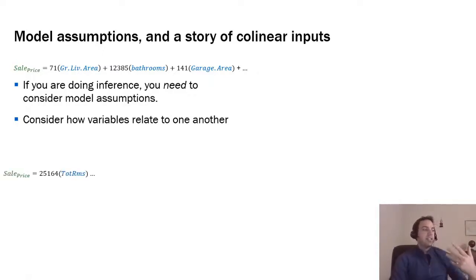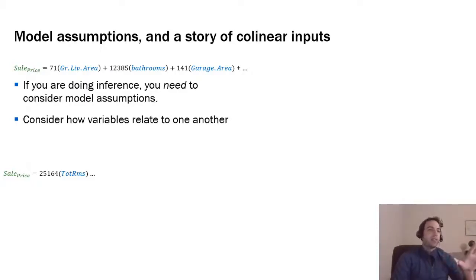So let's consider a scenario where we're building a simple linear regression model using just total rooms. Total rooms in this case represents the number of rooms in the home other than bathrooms. So we're basically predicting sale price just based off of total rooms. In this context, we see that an increase of total rooms equates to a roughly $25,000 increase in sale price.